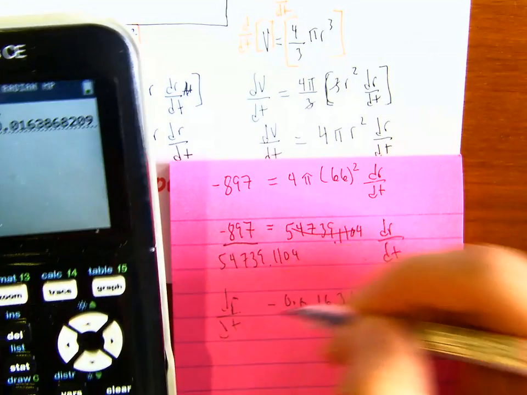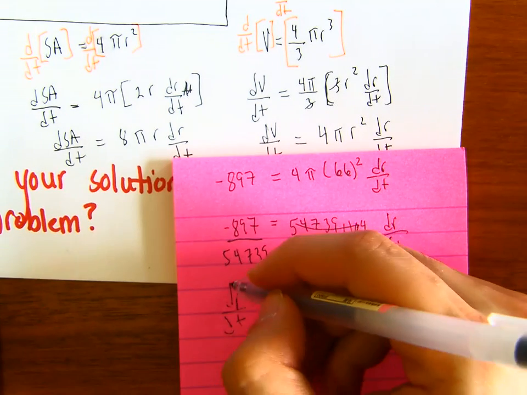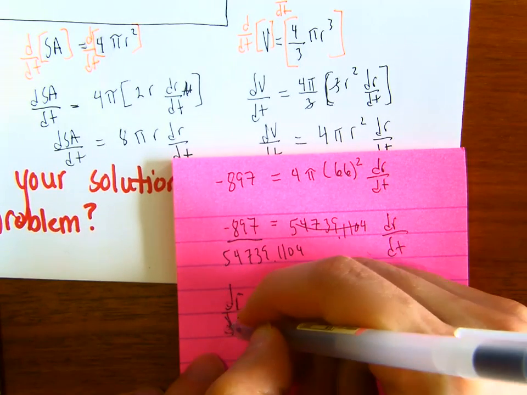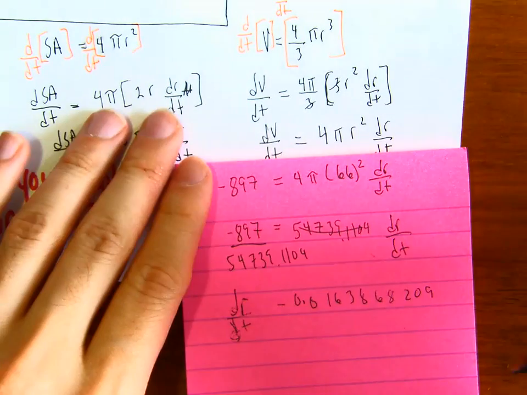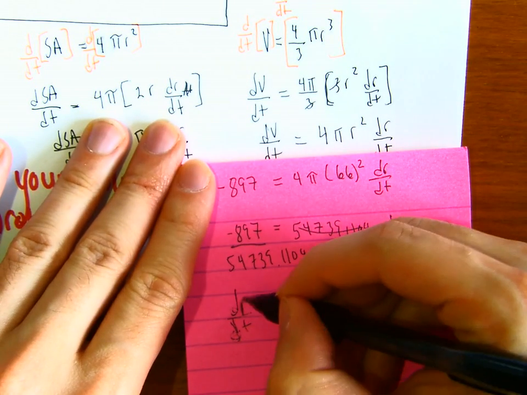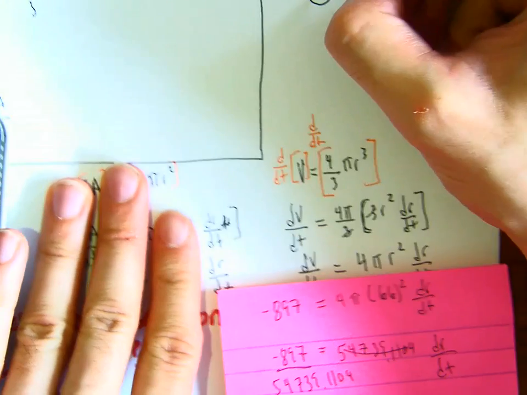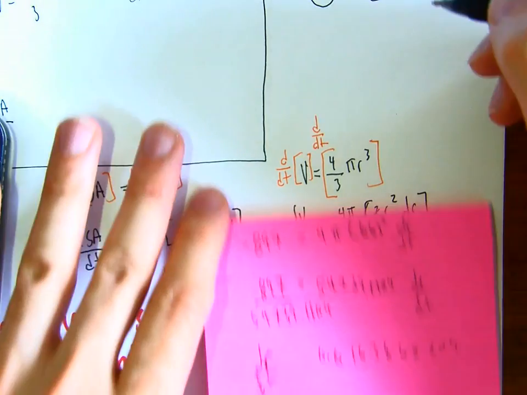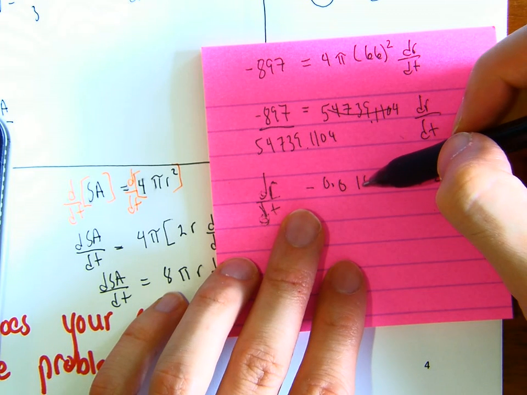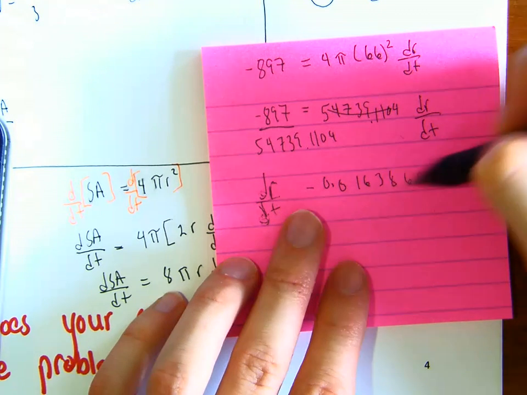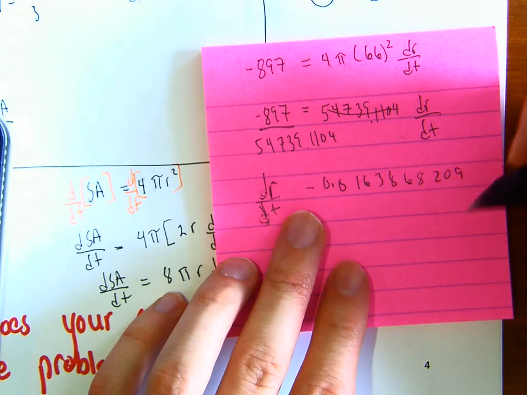What does this dr dt represent in the context of the problem? This is the change in r. What does the change in r represent? It's the radius of the sphere. It's saying that the sphere's radius is decreasing by this many centimeters per minute. Okay?